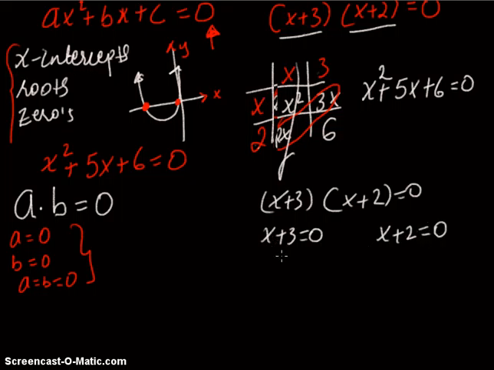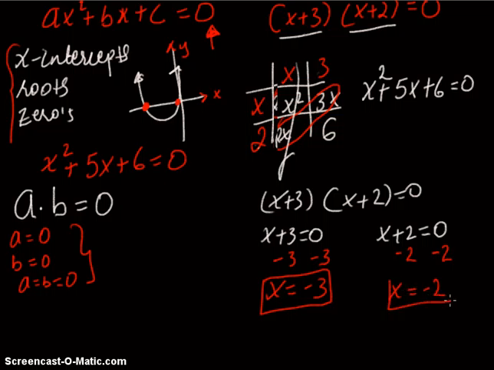And then in this case we take away 3 from both sides, and we get x equals negative 3. That's the first one, and this is the first root. And then the same thing happens here. We take away 2 from both sides, x equals negative 2. And this is how we find the roots or the zeros or the x-intercepts.